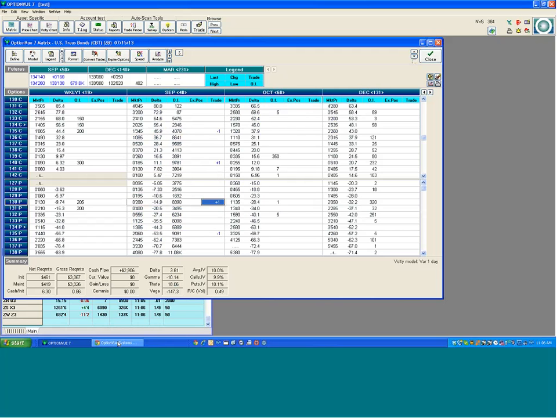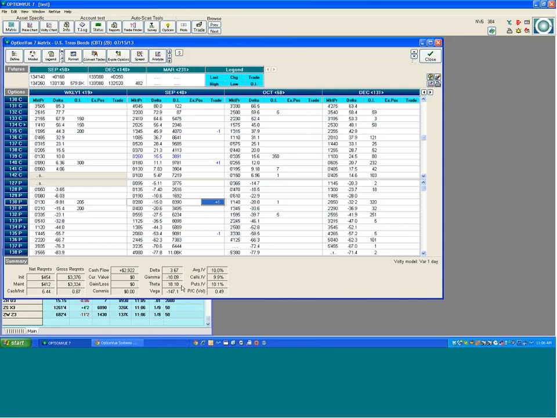Okay, so this is an at-the-money iron butterfly. You can see underneath the display of the puts and calls is the summary section where it shows the net delta on this trade is 3.83, essentially 4 deltas positive.